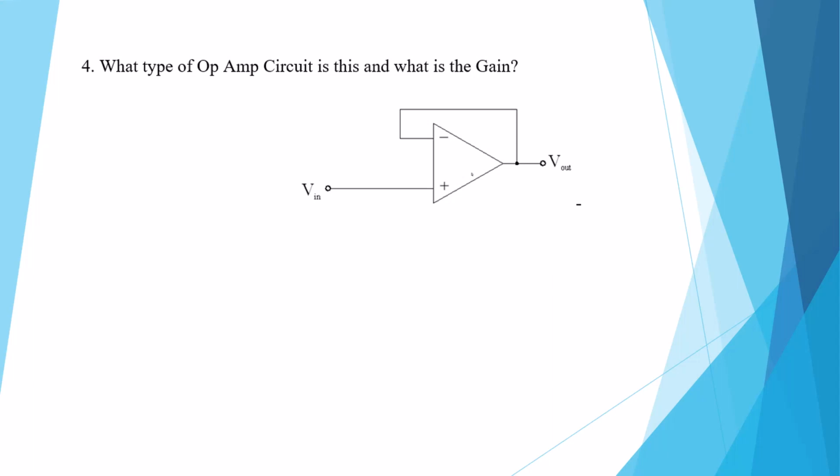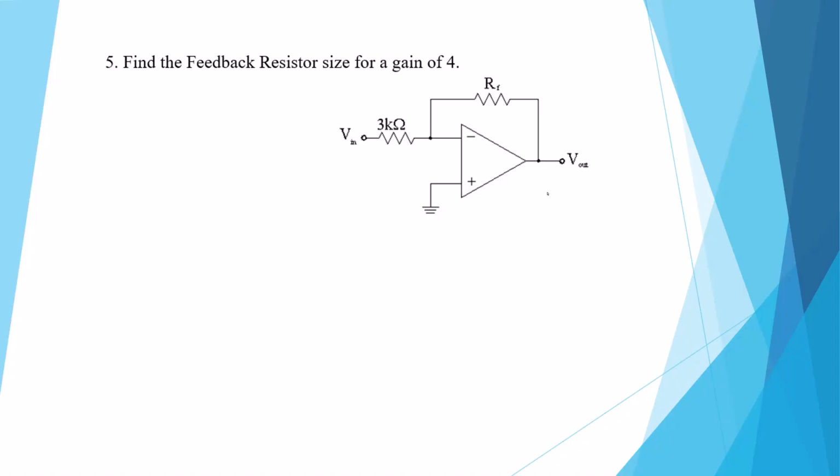Here's an op-amp with no feedback resistor, so it is a unity gain op-amp, or a buffer, and our gain is going to be simply 1. Okay, this is an inverting amplifier again because it is going into our inverting input, sorry.